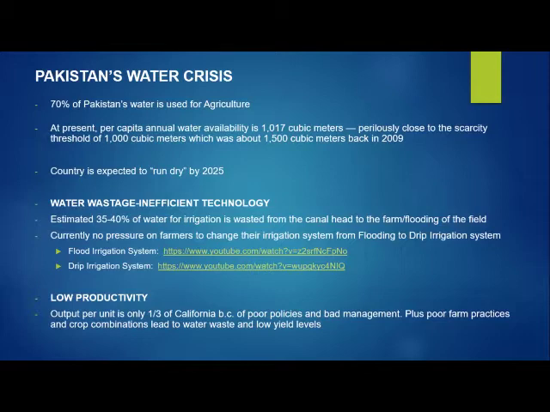According to several reports, it is expected that the country will run dry or there will be a severe water shortage by the year 2025. Also, it is very important to remember that about 35 to 40% of the water that is being used for irrigation in Pakistan is wasted water.